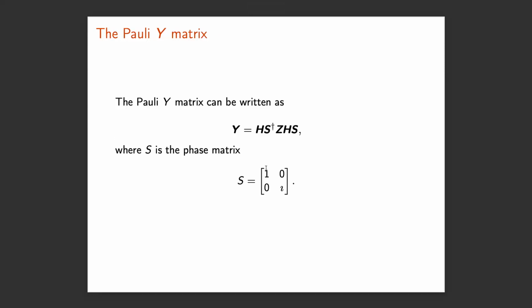And then we discussed this as well, the Pauli Y matrix. This can be rewritten in terms of what's called the phase matrix. And we will see other examples later today of typical transformations. And next week, when we come to the Lipkin model, I will give you the kind of general expressions which allow you to set up the set of gates you need in order to simulate a more complicated system.